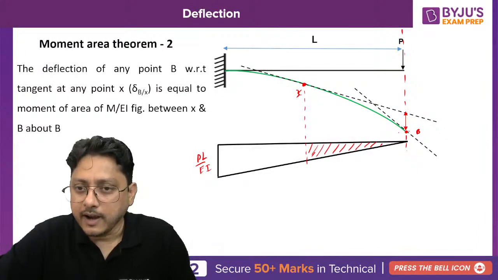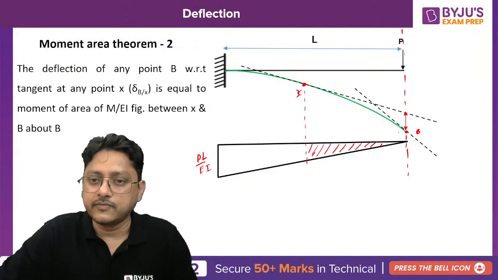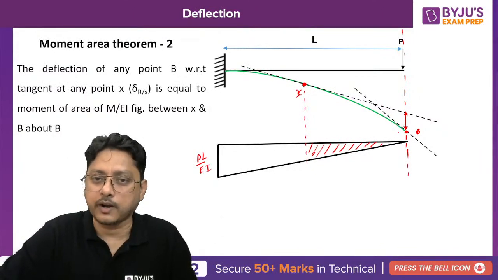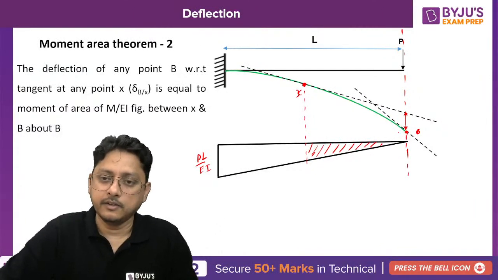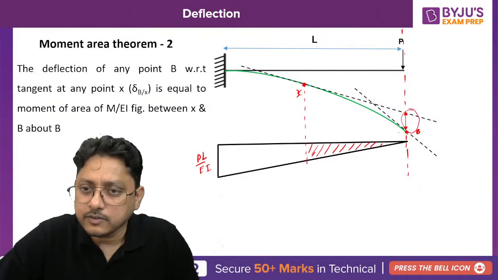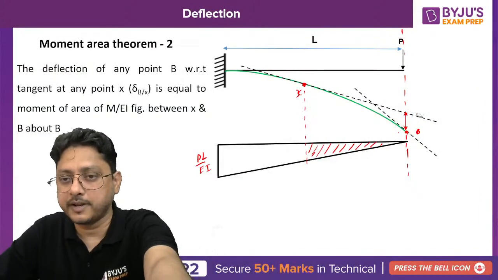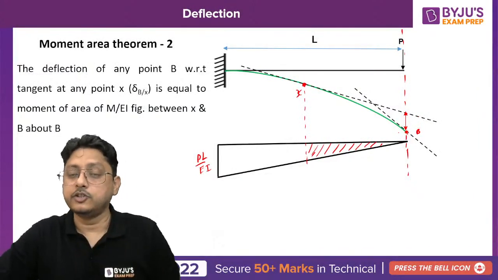If you calculate the moment by standing at this position, you get the difference between the tangent drawn at X and at B. This deflection you will be getting. But is it necessary for us, or what will we do with this one? Sometimes we can utilize it, but this is the understanding of your moment area theorem.